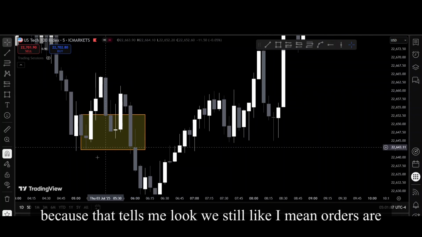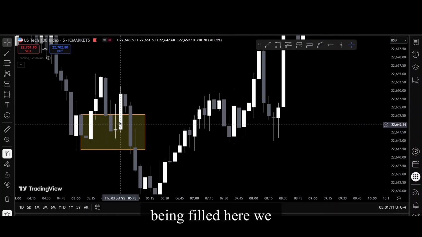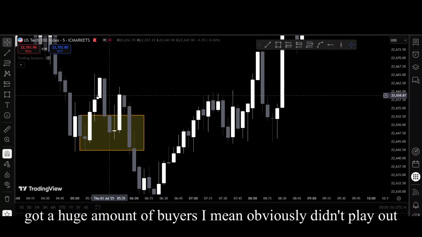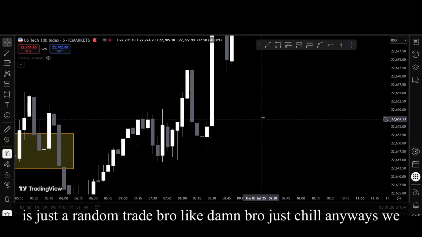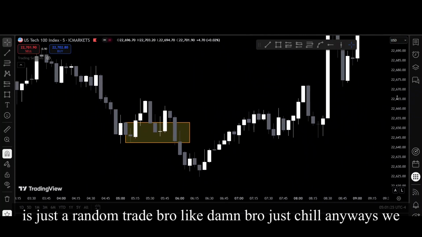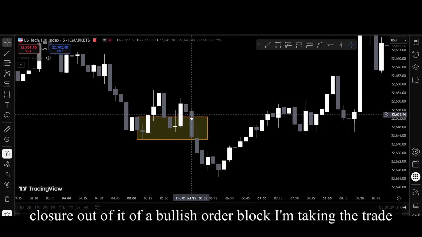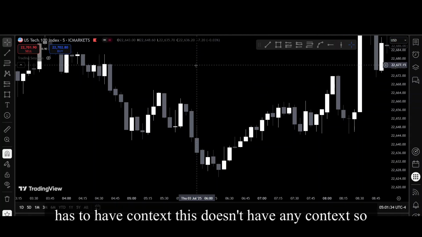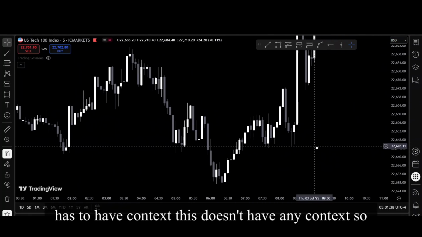Because that tells me orders are still being filled here. We got a huge amount of buyers. Obviously it didn't play out because this is just a random trade. Anyways, we get a bullish closure out of a bullish order block, I'm taking the trade. Obviously, it has to have context. This doesn't have any context, so obviously it won't play out.